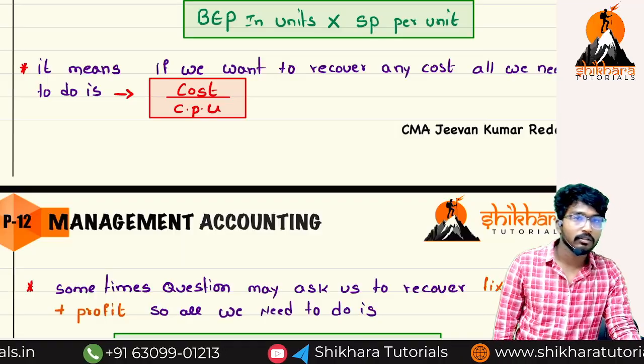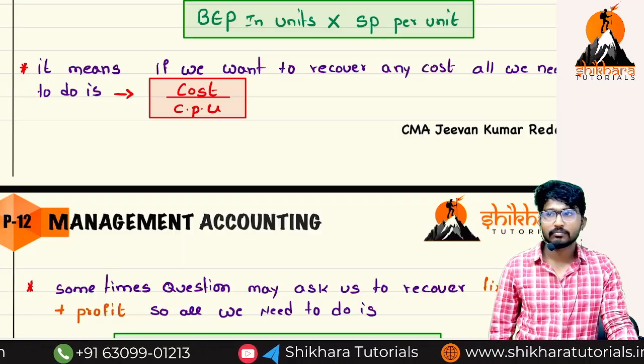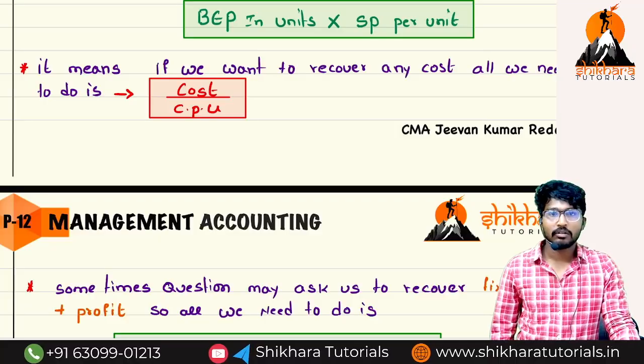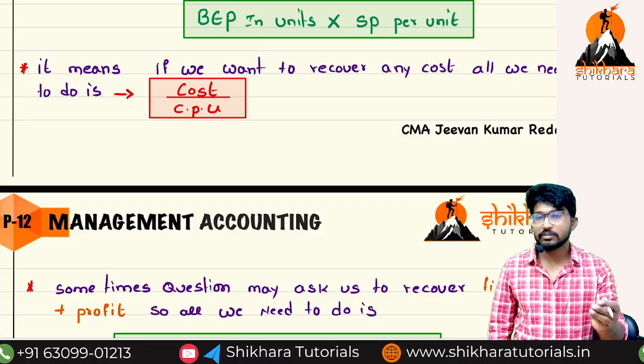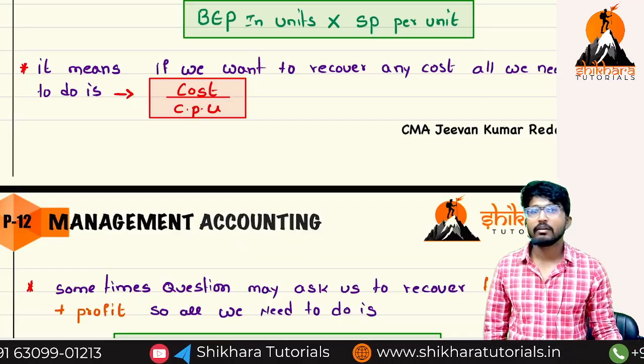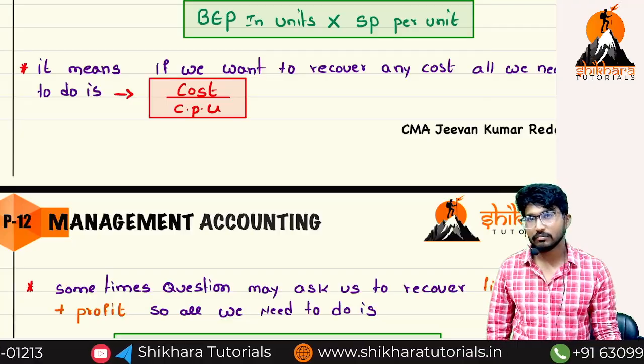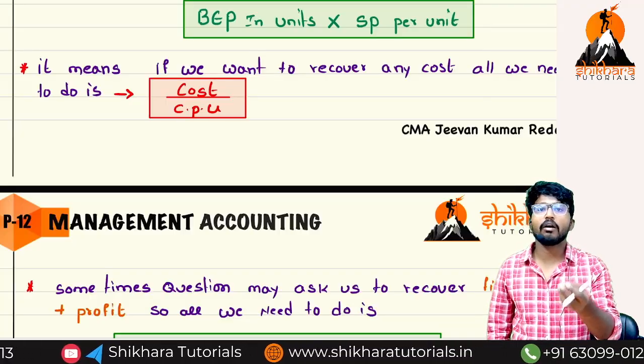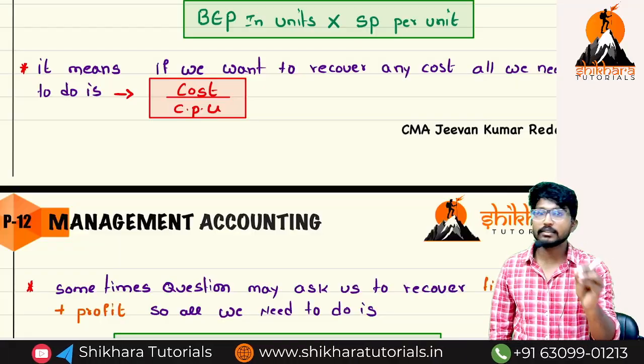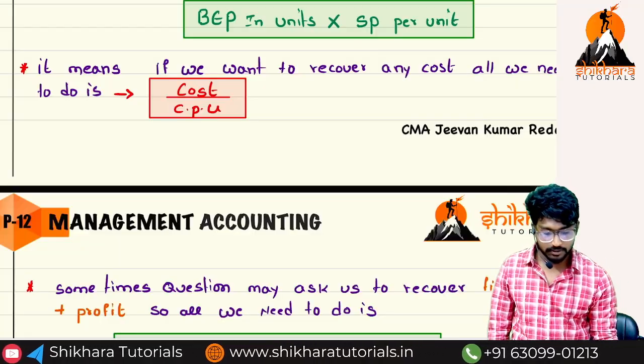How much? 75,000. If I sell 75,000 rupees of sales, I will reach break even level, recovering all my fixed cost as well as research and development expenses.